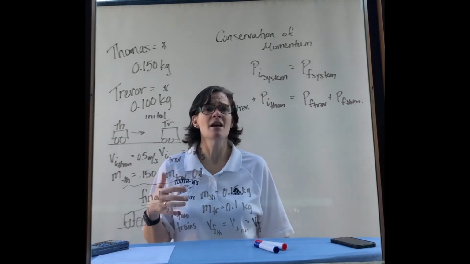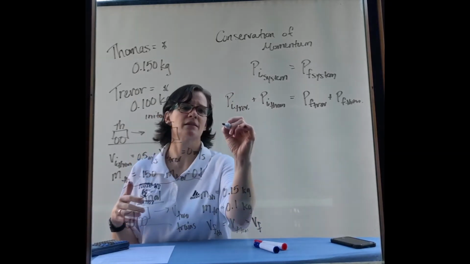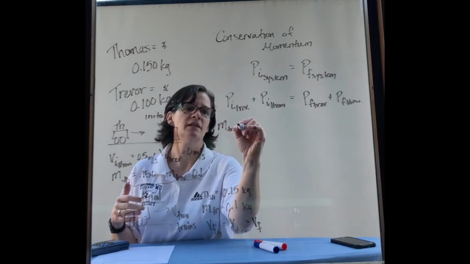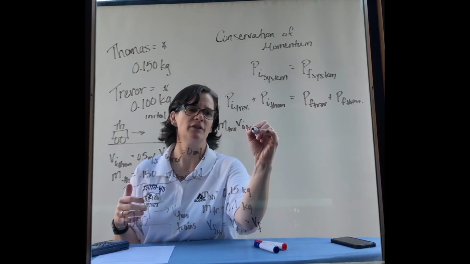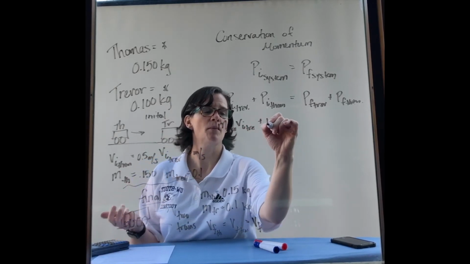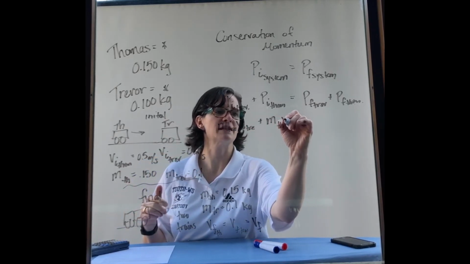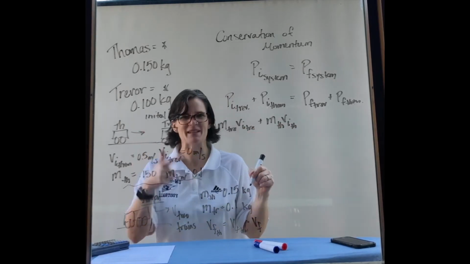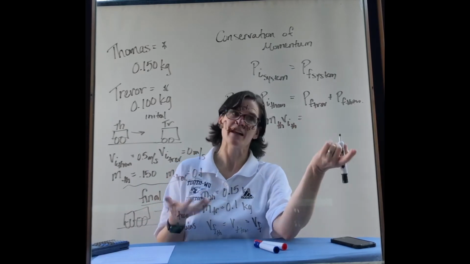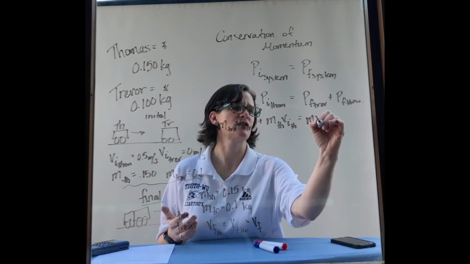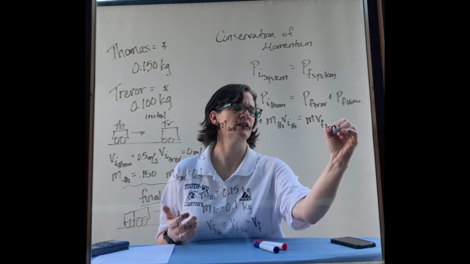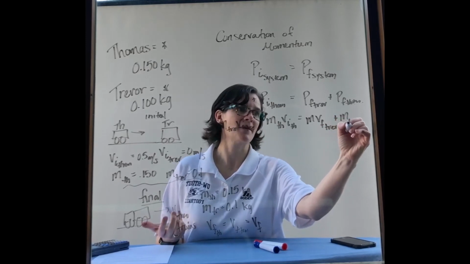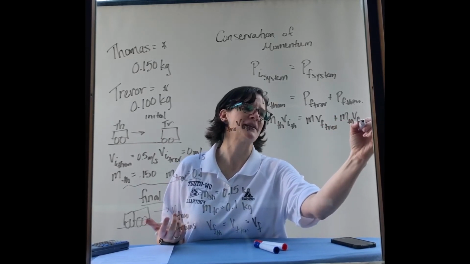The initial momentum of Trevor is the mass of Trevor times the initial velocity of Trevor, plus the mass of Thomas times the initial velocity of Thomas, the initial momentum of Thomas. That has to equal the final momentum of Trevor, which is just the mass of Trevor times the final velocity of Trevor, plus the mass of Thomas times the final velocity of Thomas.